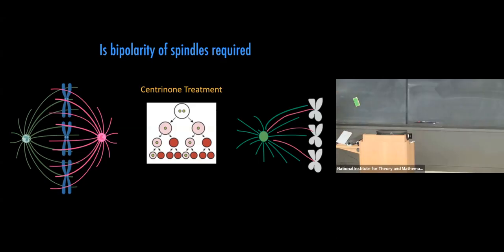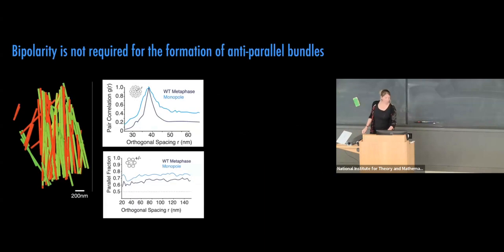One way to test it is to treat the cells with centrinone, which prevents duplication of the spindle pole, and you end up with a monopolar spindle, somewhat like this. If we do this, you can see that the spacing was really not affected in those spindles, still the same. And you also see, here or here, that there are still antiparallel microtubules.